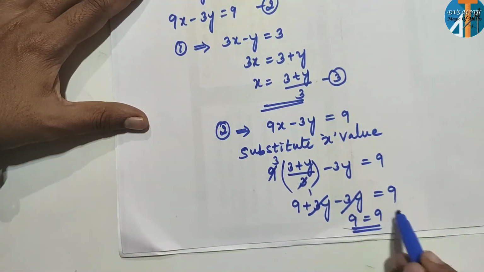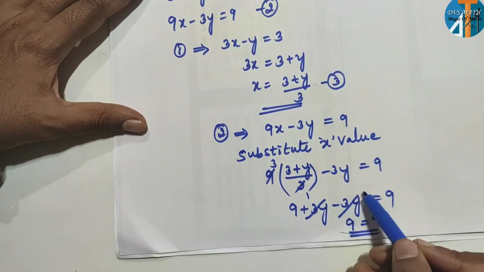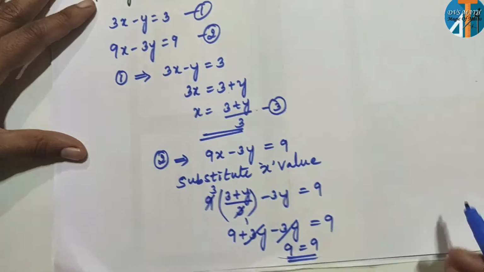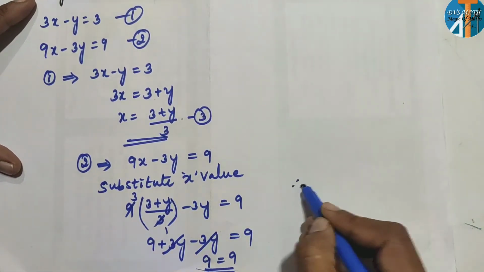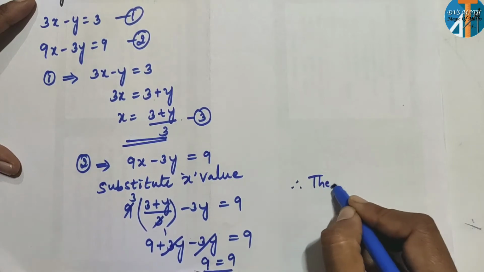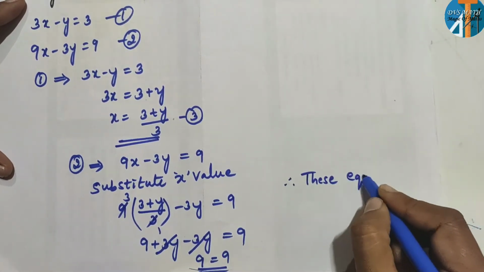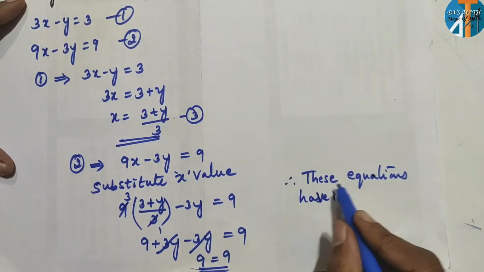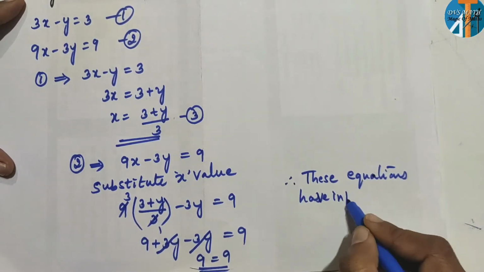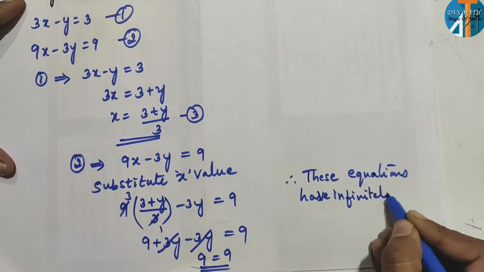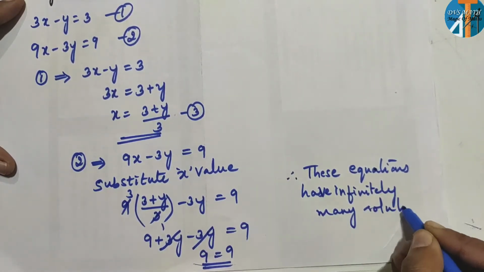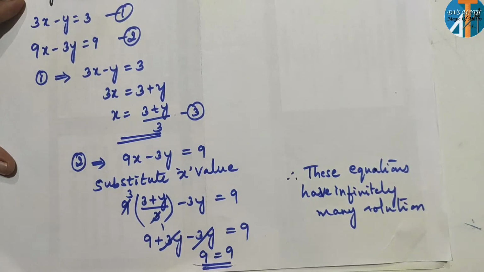So if the whole variable is cancelling out and you are getting LHS equal to RHS, then you can write these equations have infinitely many solutions. Many solutions means you cannot give only one value like x is equal to something, y is equal to something.